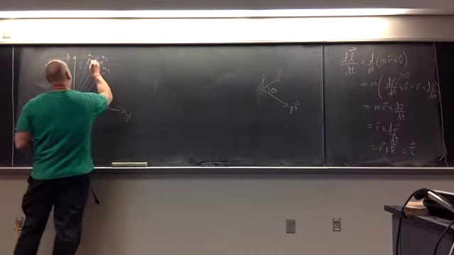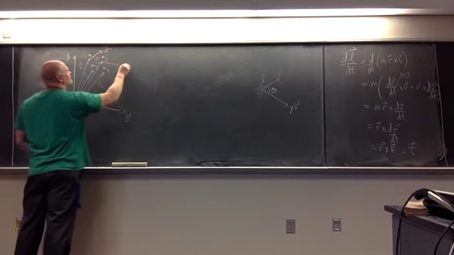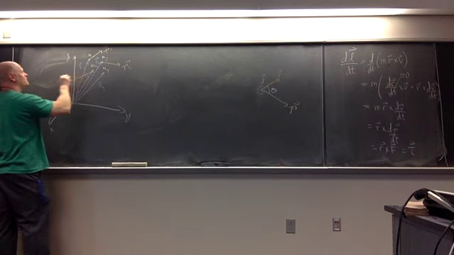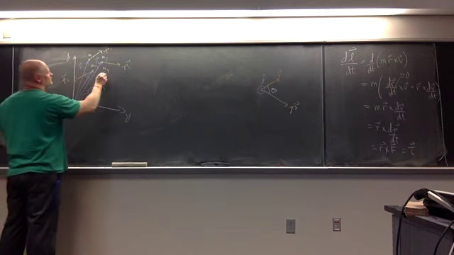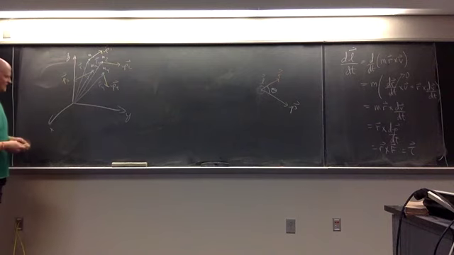So this one might be moving, I don't know, in this direction. So this would be p1, this would be, say, p2, this might be p3, this would then be p4, for example. So they all have their own angular momentum.